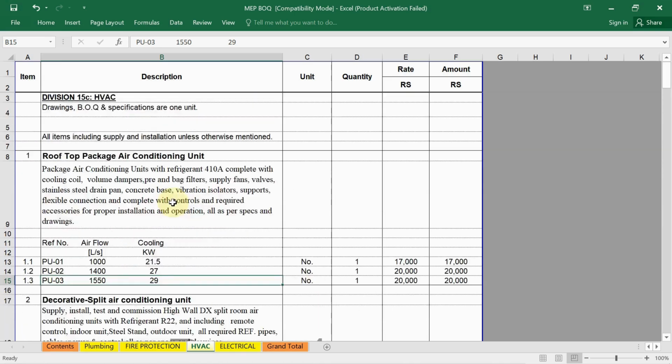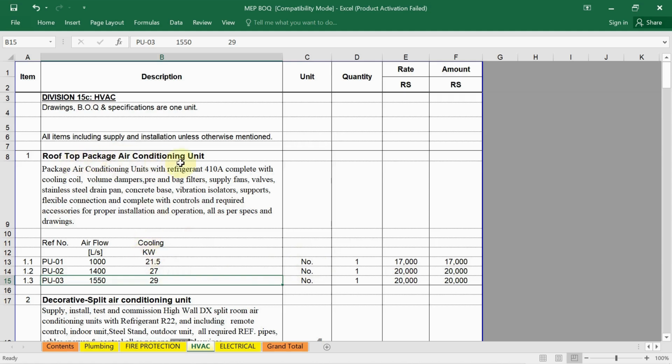Second, in the second column you can see the unit of measurement is given. Here you have to specify the unit of measurement for each item. If it is a rooftop package or any equipment, in the unit of measure you write number, meaning how many pieces of equipment.